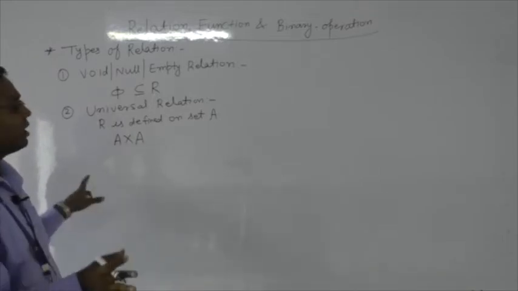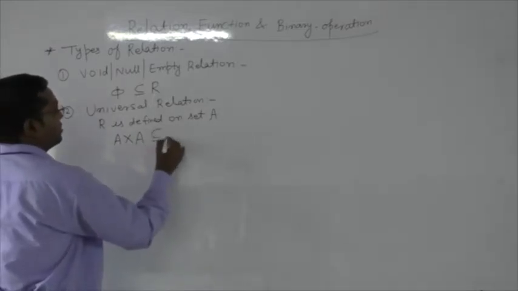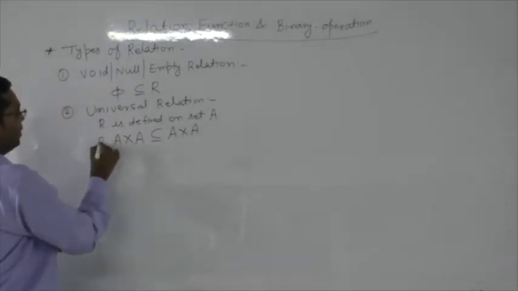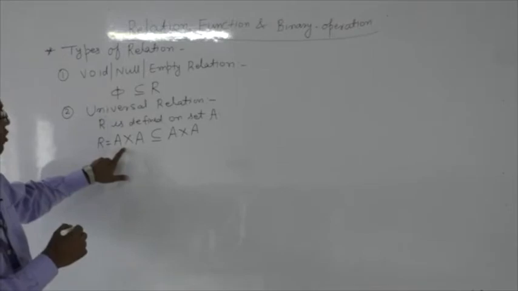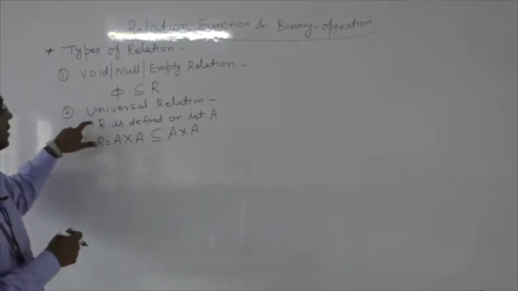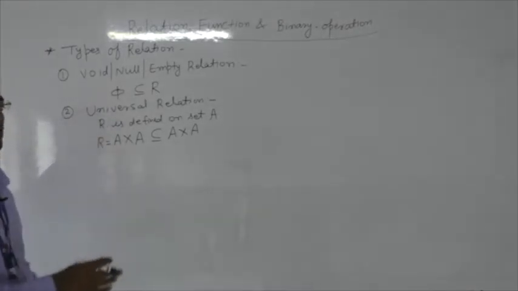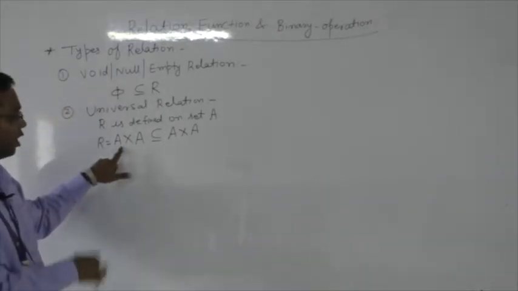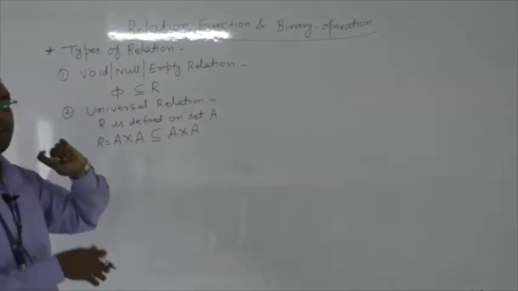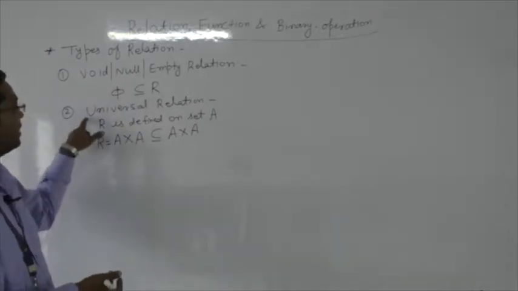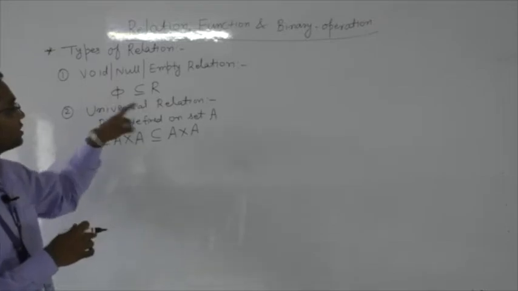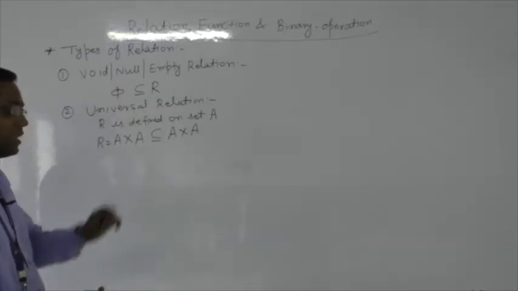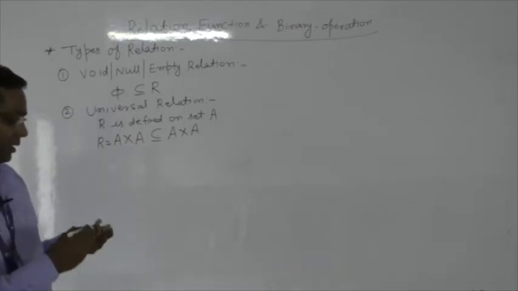This will be for sure a relation on A, 100%. Every set is a subset of itself, hence this will always be a relation on set A. Universal in the sense that it will always be a subset of itself. That's why it is very obvious, and that's why we term it universal relation. In set theory it is called the universal set. The same concept here. Now let's see the other types.